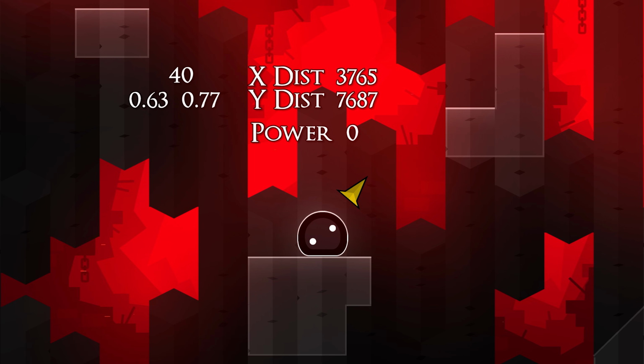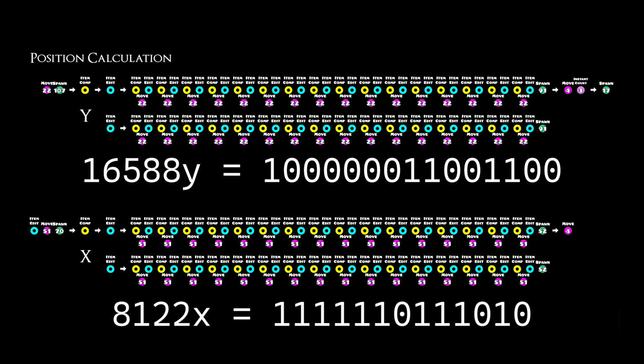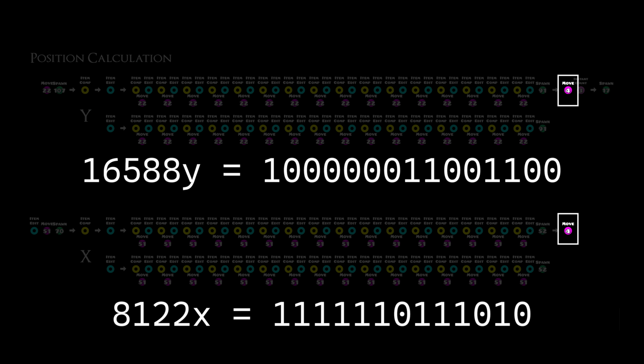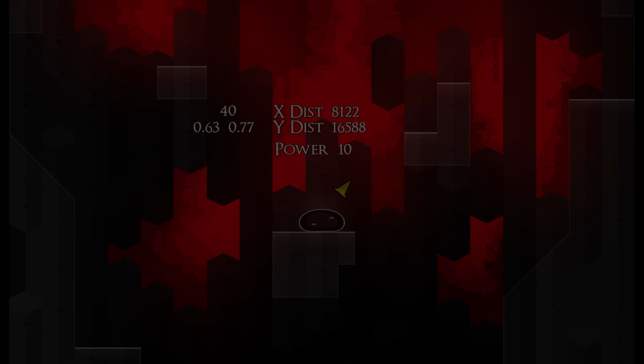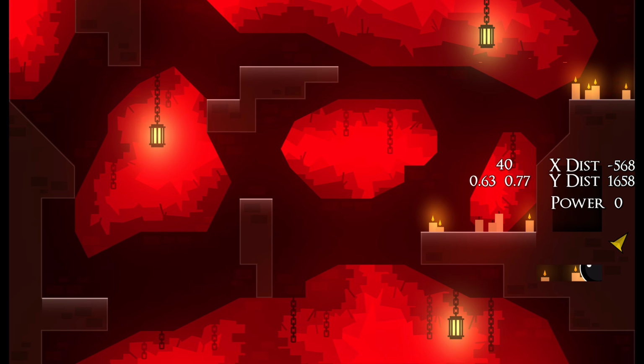When we hold the jump button to max strength, the numbers become 8,122x and 16,588y. Releasing the jump button feeds those numbers into the binary machine, dynamically moving two objects, the X target and the Y target blocks, causing the player to begin to follow them with a simple follow move. Would you look at that? We're now flying away into space, albeit at the correct angle.